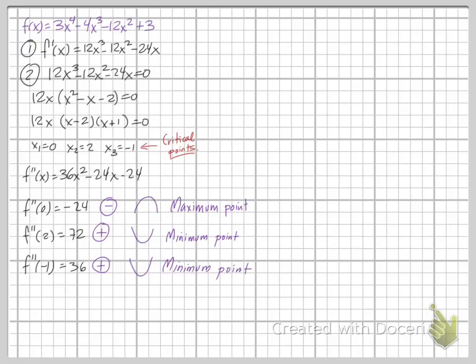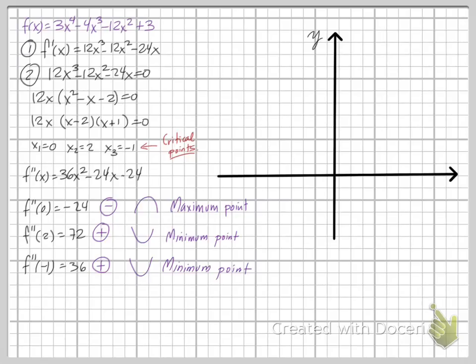Okay, so I guess all that's left is to sketch the graph of this function. Let's sketch it here. I'm going to have my xy plane here. I'm going to label my axes.